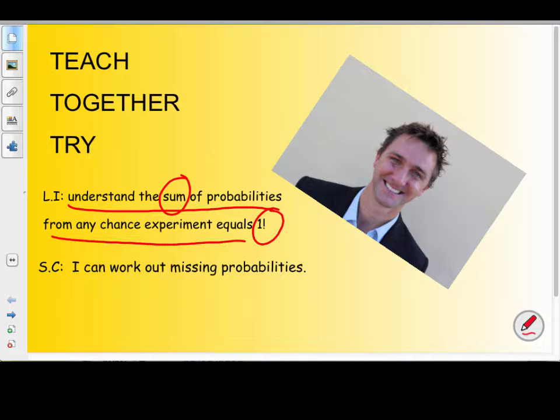The success criteria will be when you can work out the missing probabilities. That's going to be easy, because if there's a probability missing, you've just got to find out what you would add to the probability that you've got, so it will equal 1. Let's get going.